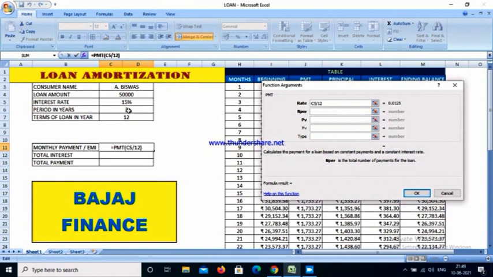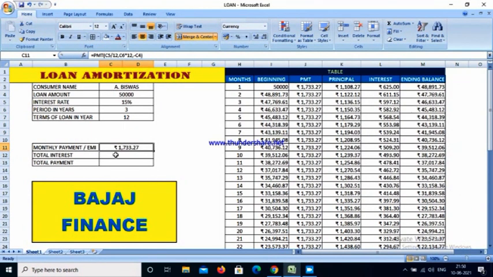In nper, which means your period in years, times 12. Present value is your original loan amount. Click OK. Here we got the equated monthly installment, the EMI amount.